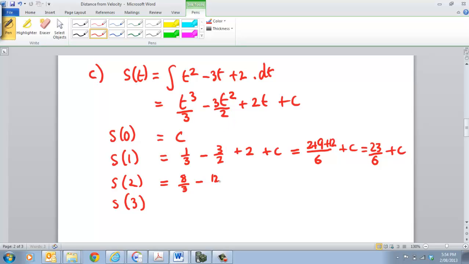That will become 12 on 2, and then that's going to become equal to plus 4 plus c. Over here, this term has to become take 9. So if I take 9 away from that, that's going to give me not a value of 23, but a value of 5 on 6. So that's the value I'm looking at there.